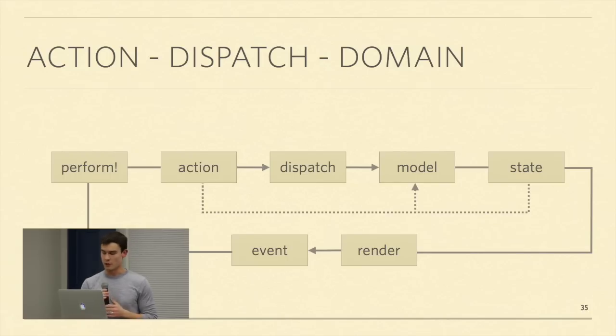So you can do some I/O, do AJAX, get a response, and then dispatch some messages to your model. And in this case, we have models and not stores. And I think this is an important distinction, at least from our perspective, that we can model our state with pure functions. We don't necessarily have to have stores that manage their own state, because we have the power of immutable values.